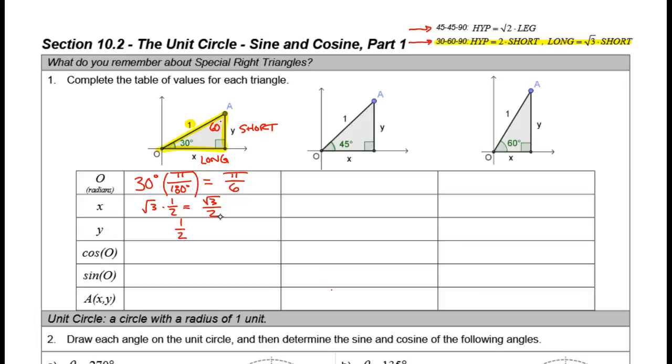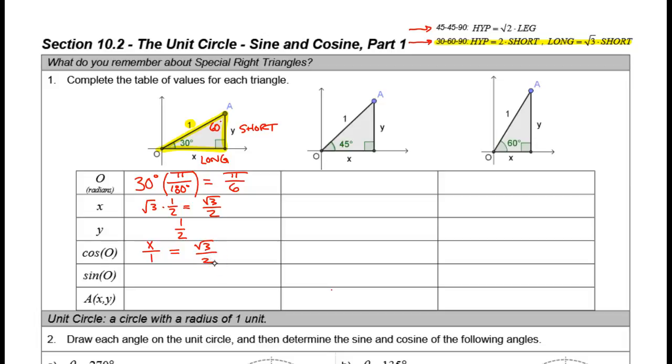Now, what is the cosine of theta? Well, the cosine of O, if I recall, the cosine of any angle is the adjacent leg over the hypotenuse. So the adjacent leg, which is the long leg, x, over the hypotenuse, 1, is going to give me the value x over 1. And for this figure, that's √3 over 2.